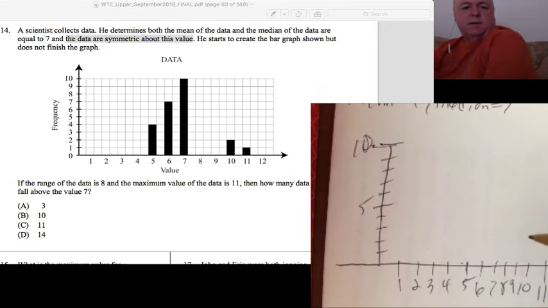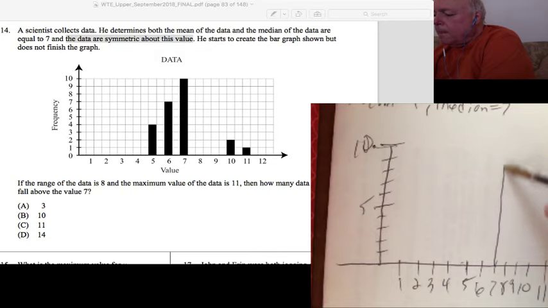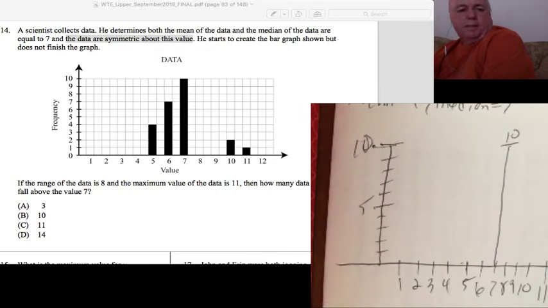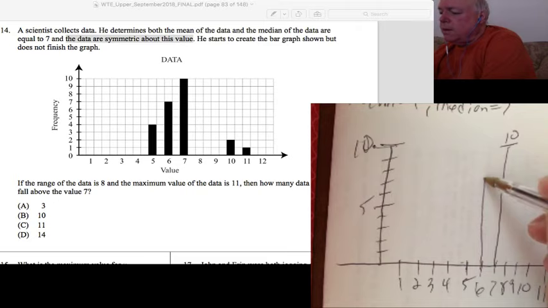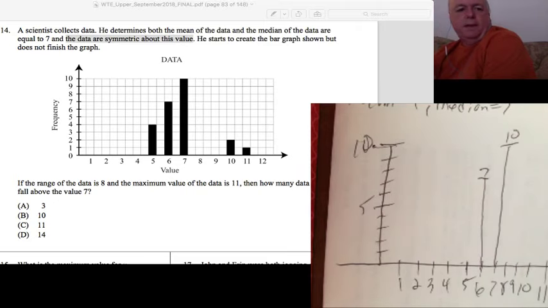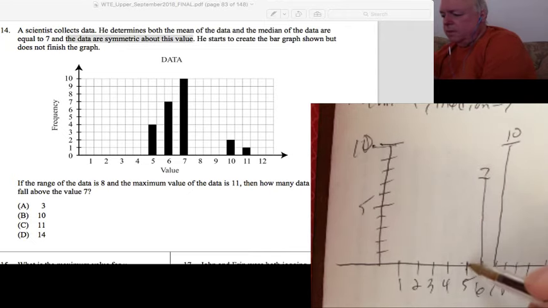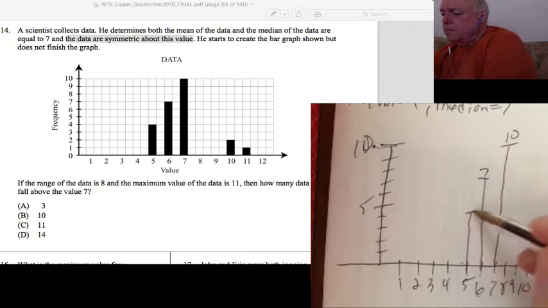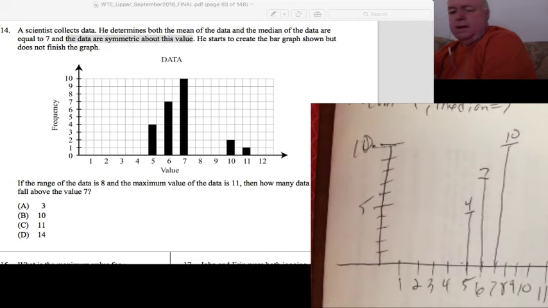So it says 7 goes to 10. Okay. 6 goes to 7. So it's about there. 5 goes to 4. 10 goes to 2.